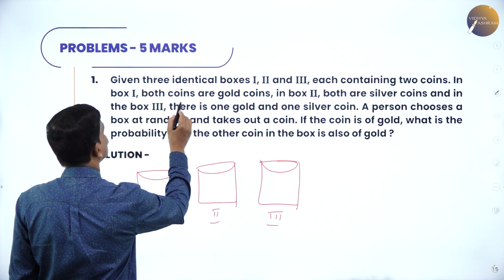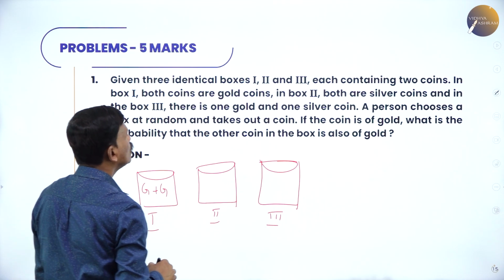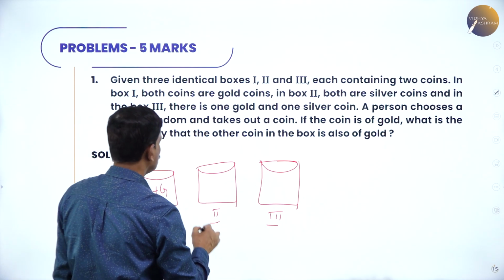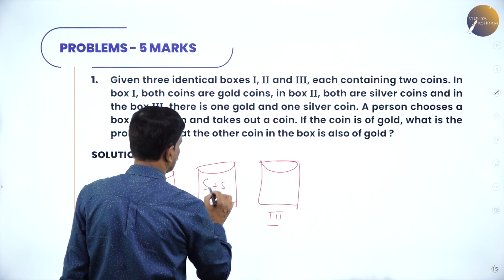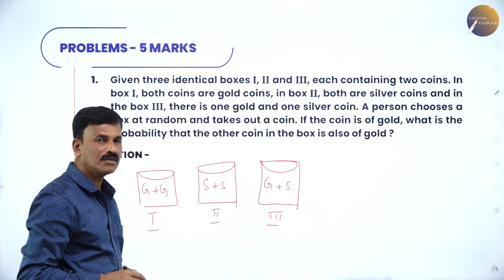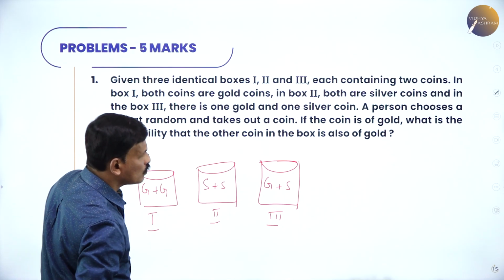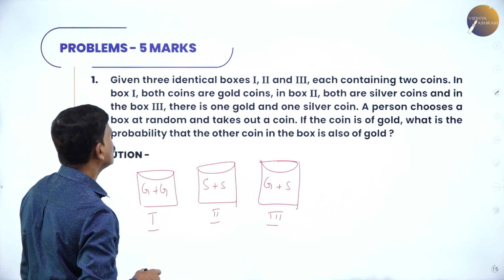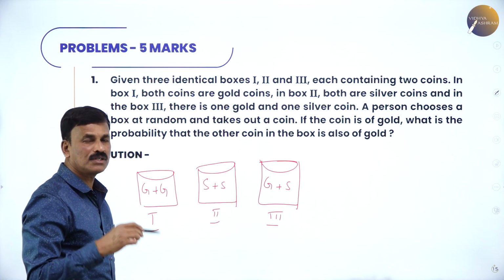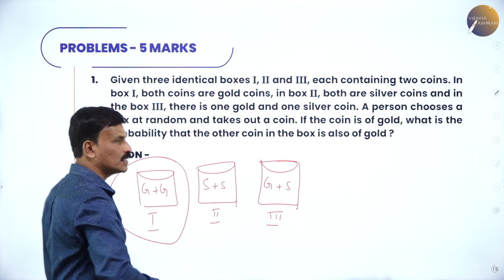In box 1, 2 coins are gold, whereas in box 2, 2 silver coins, whereas in box 3, 1 gold and 1 silver coin. Now, if the coin drawn is gold, what is the probability that the other coin is also gold? If one coin is gold and the other coin is also gold, it is definitely from box 1, right?